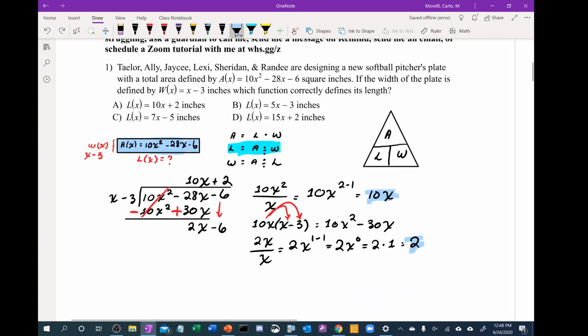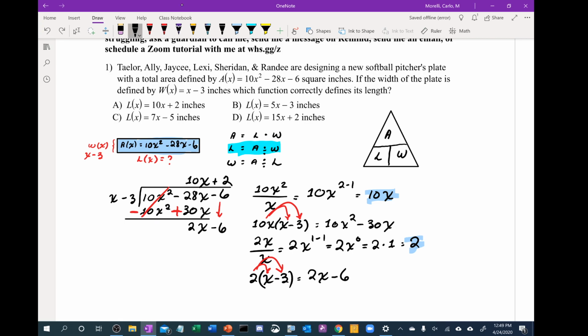Zoom out a little bit here. So we'll multiply 2, open parentheses, x minus 3. Distribution. 2 times x is 2x. 2 times negative 3 is negative 6. That gets written underneath its matching term of the dividend, which would be right there.